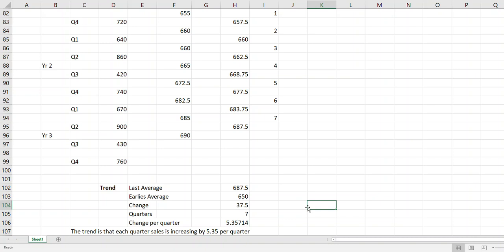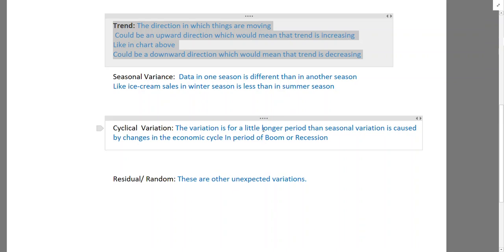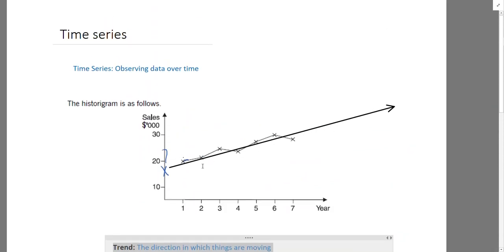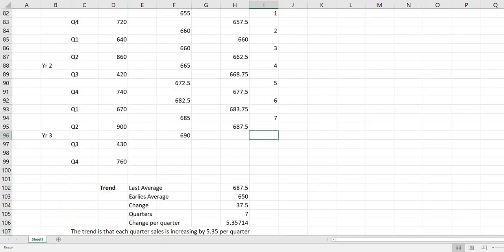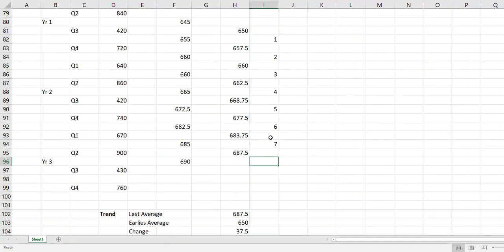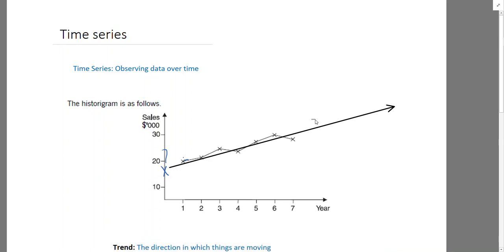So this is that line. If you don't do it numerically, then visually, if you draw a line, that line would give you the same thing. Now, this gives us this line, but the data is obviously going to be above the line or below the line.